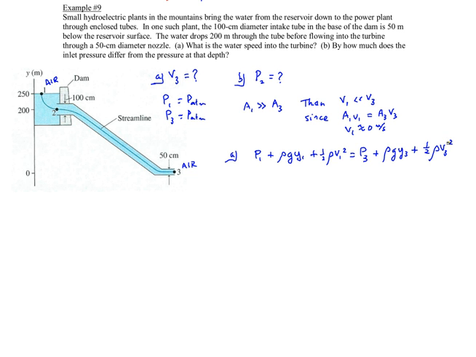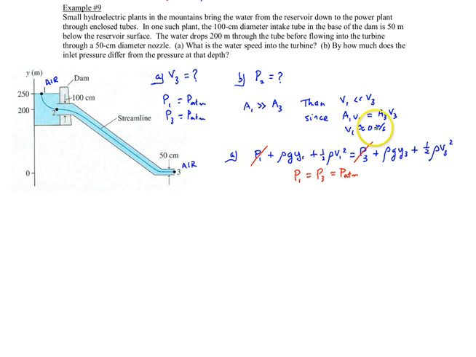So, now let's take a look at this a little bit more carefully. We have pressure at 1 and pressure at 3, and they're the same. So pressure 1 and pressure 3 will cancel out, since they are basically the atmospheric pressure. Well, probably it's actually a little less than the atmospheric pressure because they're really up in the mountains. But regardless, both of these pressures will be the same.